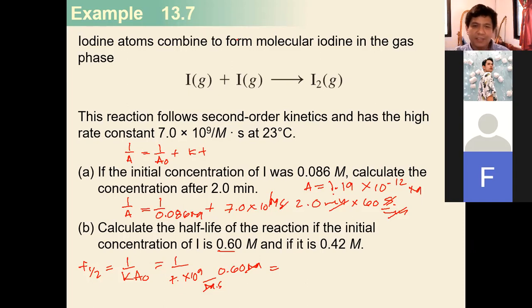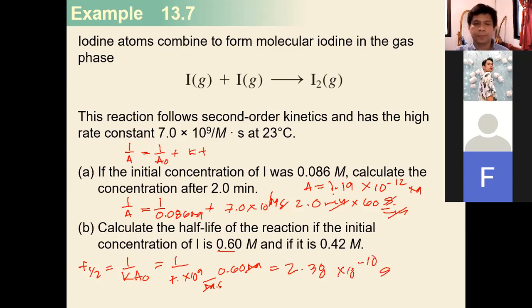Yeah, very good. That's correct. Very good, Gio. Very good, Mika. Very good, John. Very good, Carla. Very good, Nikki. Very good, Emmanuel. 2.38 times 10 to the negative 10. So, anong unit ito?